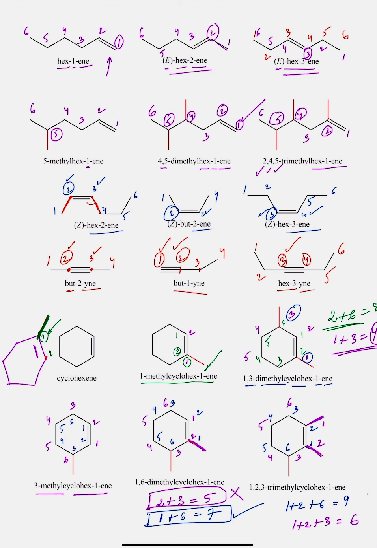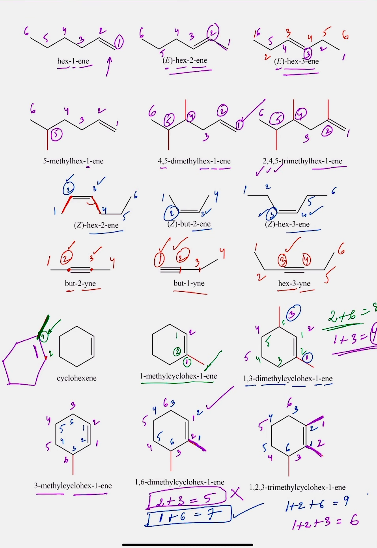So even in blue numbering and purple numbering, we have locant 1 on the double bonded carbon with a substituent, unlike here. In the previous structure, if you do numbering according to purple, carbon 1 was not getting the substituent, so purple was wrong and blue was correct because according to blue numbering there was a substituent at carbon 1.